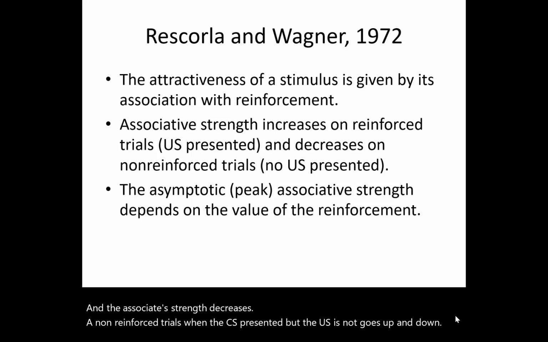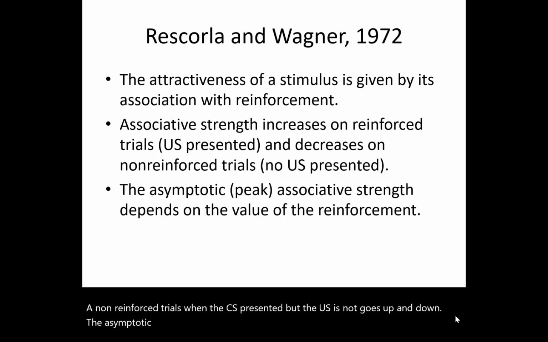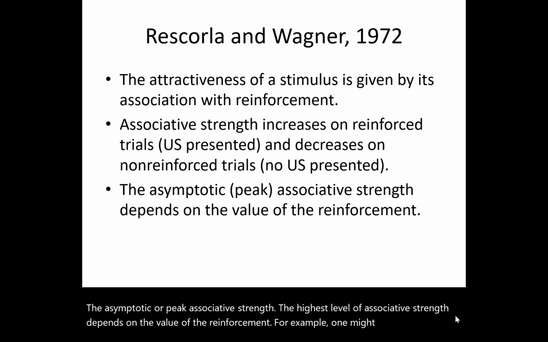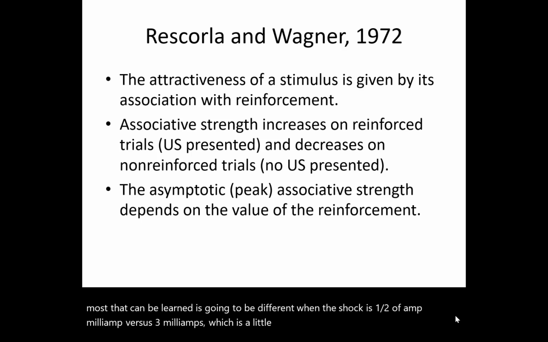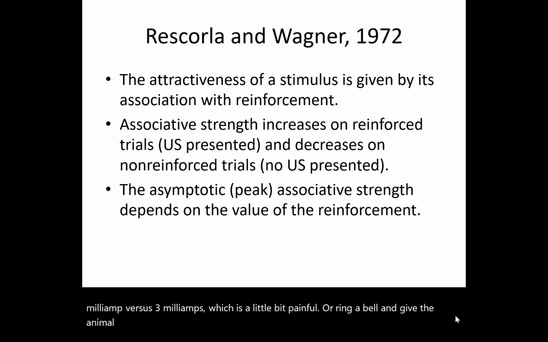The asymptotic or peak associative strength, the highest level of associative strength, depends on the value of the reinforcement. For example, one might assume that the most that can be learned is going to be different when the shock is a half of a milliamp versus 3 milliamps, which is a little bit painful. Or ring a bell and give the animal dry kibble.